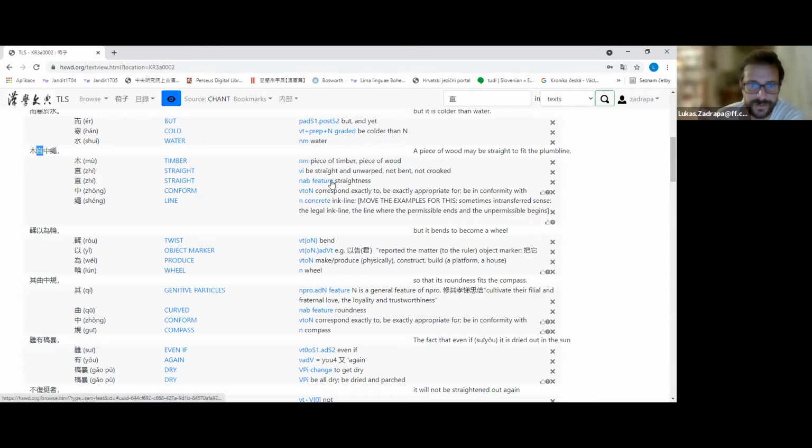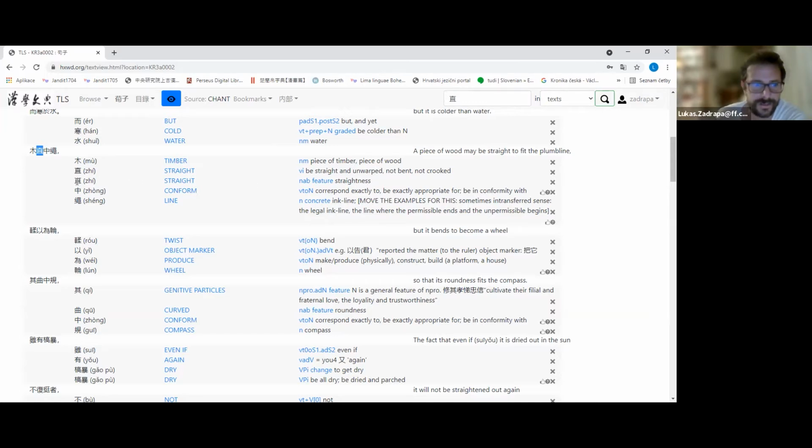So I have this double, just ambiguous analysis. It can be either two sentences in this particular case, to be straight. So if a piece of wood is straight, is as straight as to fit the plumb line, or it can be the straightness of that piece of wood.